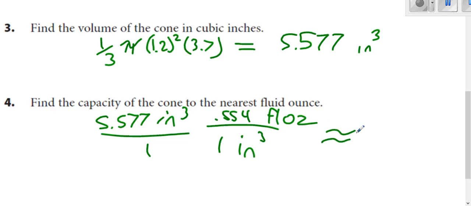So you multiply that out, you get about 3 to the nearest fluid ounce. We got 3.089, so the nearest fluid ounce would be about 3 fluid ounces.